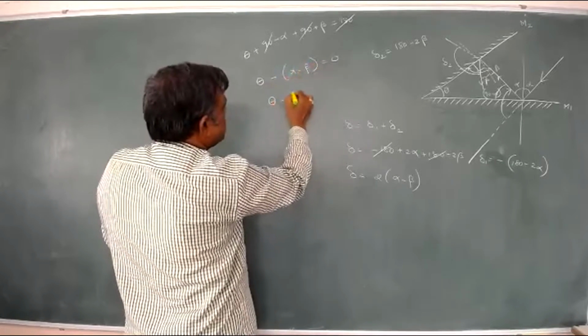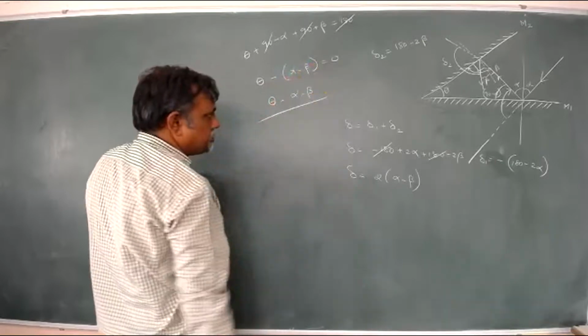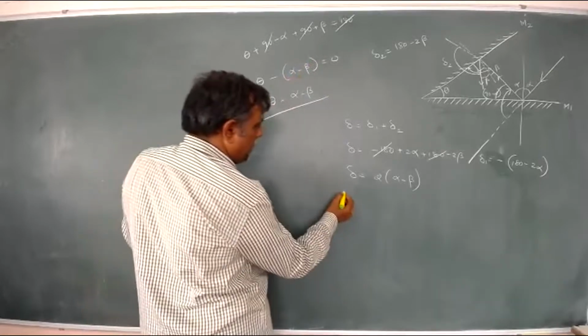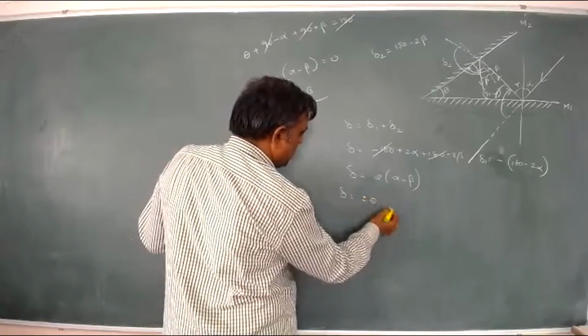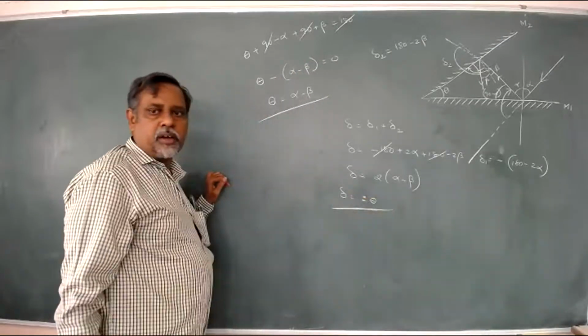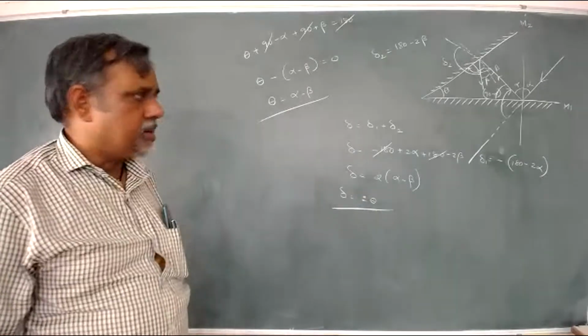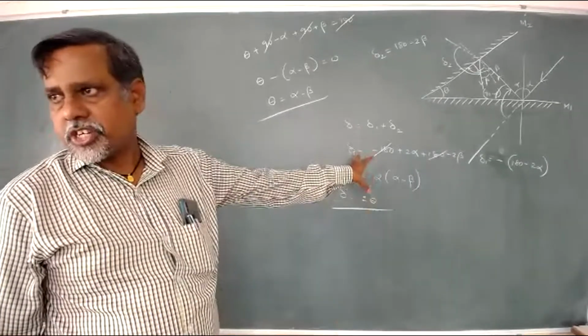So theta is equal to alpha minus beta, right? Therefore, delta is equal to 2 into theta. So this is the general discussion.